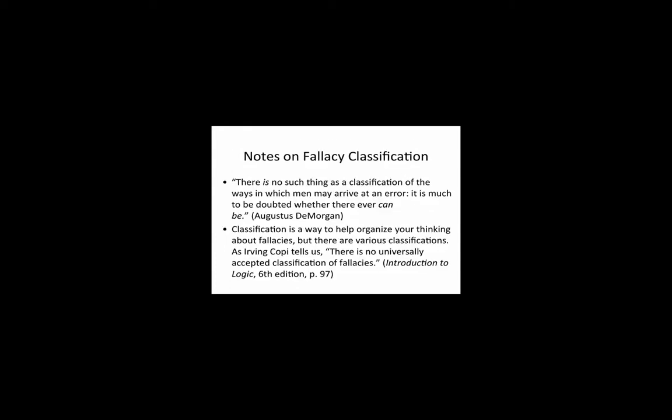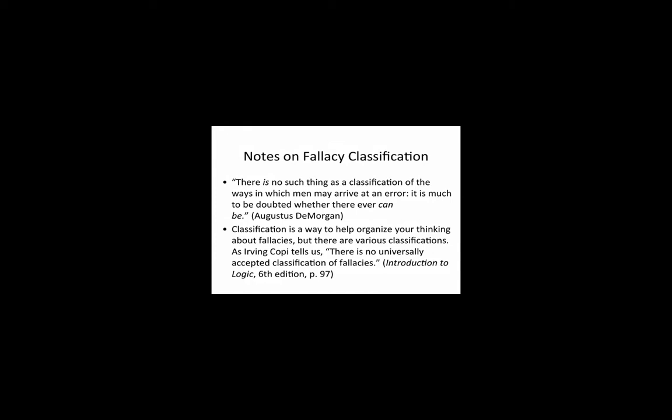I mentioned to you that there's really no official classification. It is the case that someone might find that all fallacies, in a sense, fail to have a premise-conclusion support such that they're all fallacies of relevance.